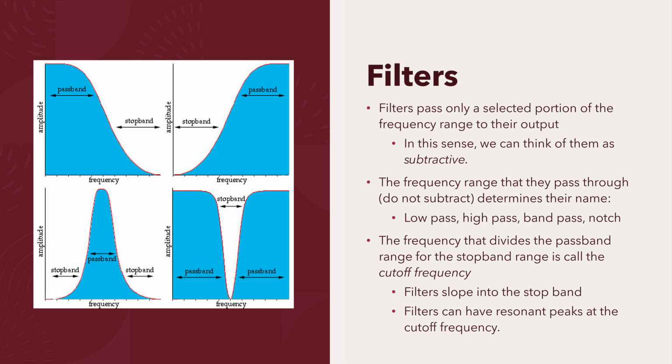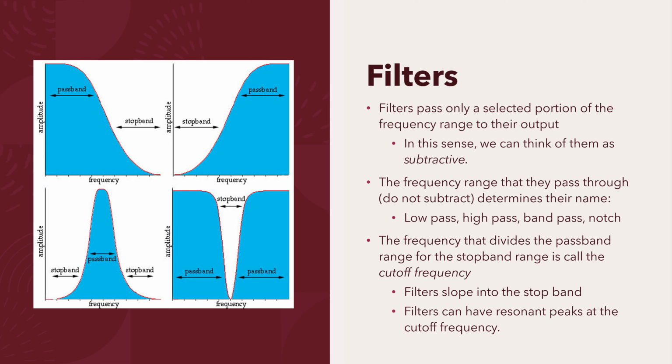Okay, so the frequency that divides the pass band range from the stop band range is called the cutoff frequency. In all of these graphs, you can find the cutoff frequency as the line that divides the stop band from the pass band.